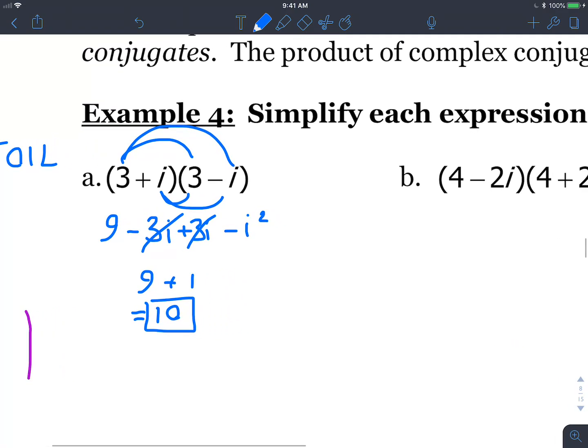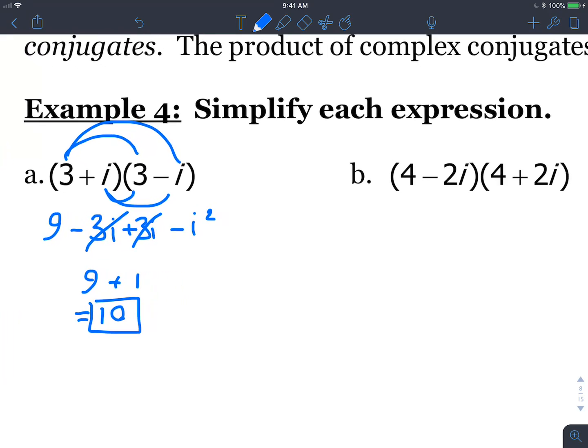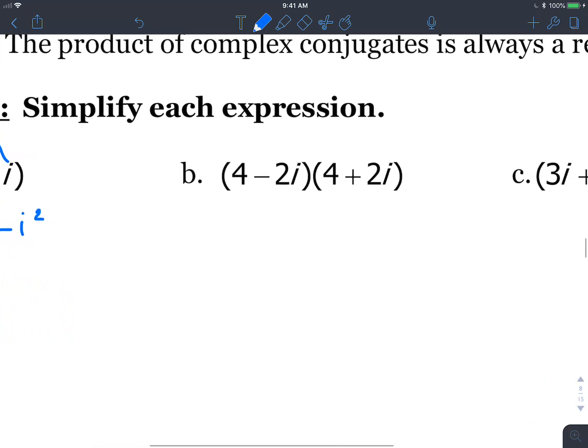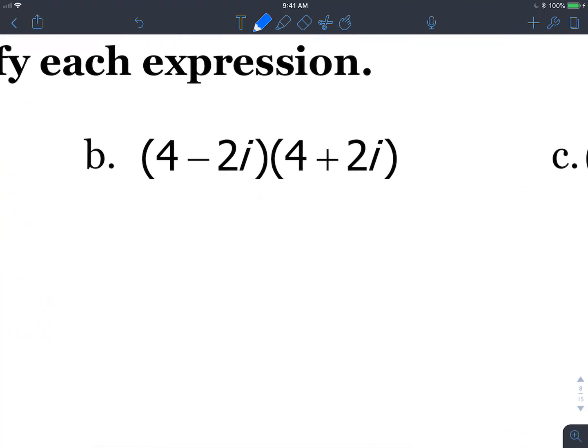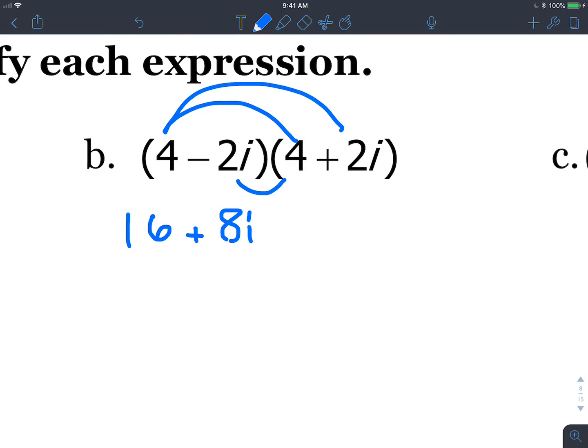Okay, and we actually use conjugates. They're really helpful for simplifying expressions. We're going to see that on the next page, but we'll practice a little bit more FOILing conjugates on this page. So 4 times 4 is going to be 16. 4 times 2i will be 8i. Negative 2i times 4 is negative 8i, so those will cancel out again.